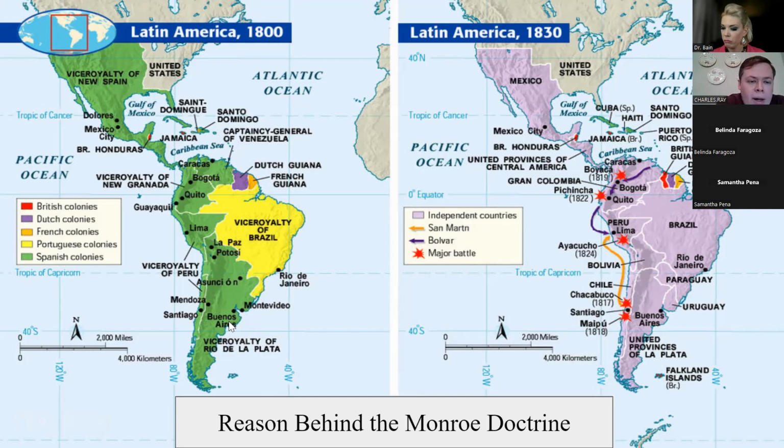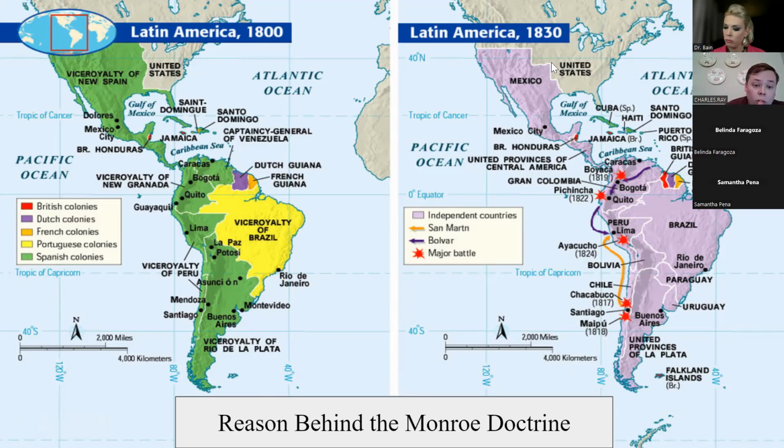Lots of money came out of here, lots of gold, silver, a lot of very expensive things that helped support the Spanish crown. Well, by 1830, most of these will become independent, including the former colonies of Portugal, with only a few left in the northeastern corner of South America.